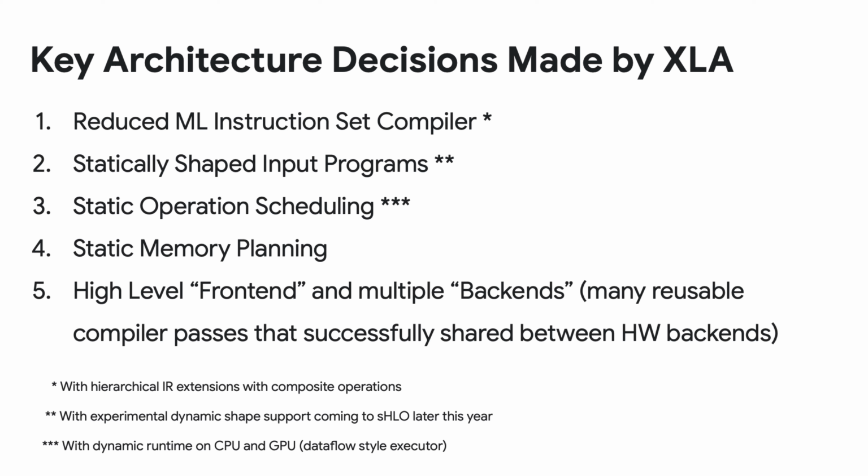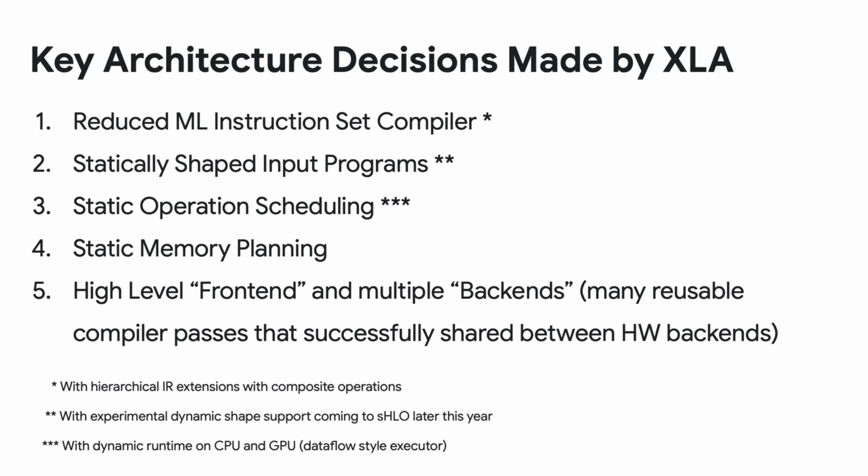We want to target different hardware generations and text models. In text models, your sequence length is usually dynamic. You can do padding, but you waste a lot of resources. Or if you want to do it on CPU, it's very easy to compile dynamic programs on CPU, and also quite easy on GPU. So I think statically shaped input programs were mostly because of how TPU works.